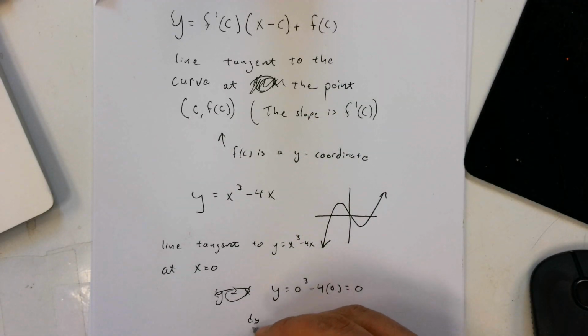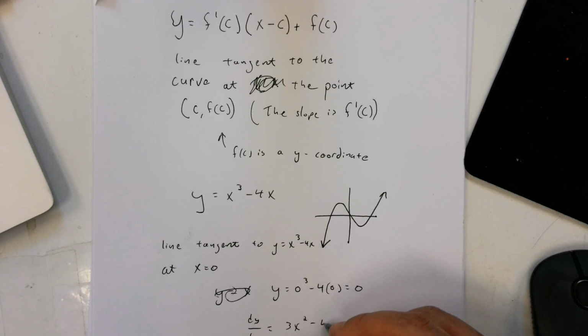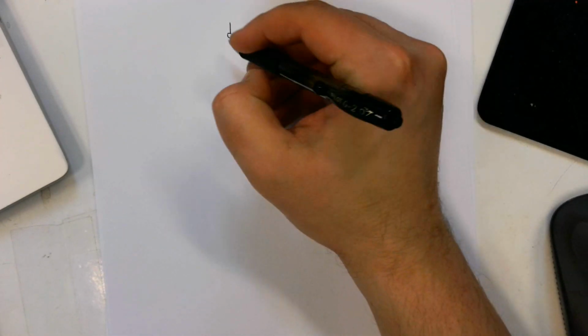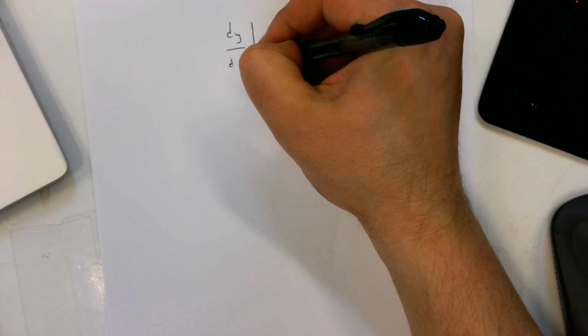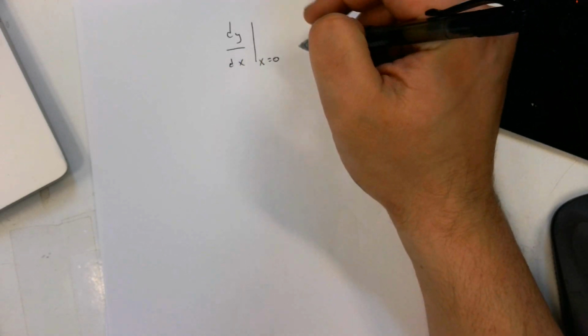dy dx equals 3x squared minus 4. Right? Easy. Let's evaluate that derivative, dy dx, at x equals 0, right?